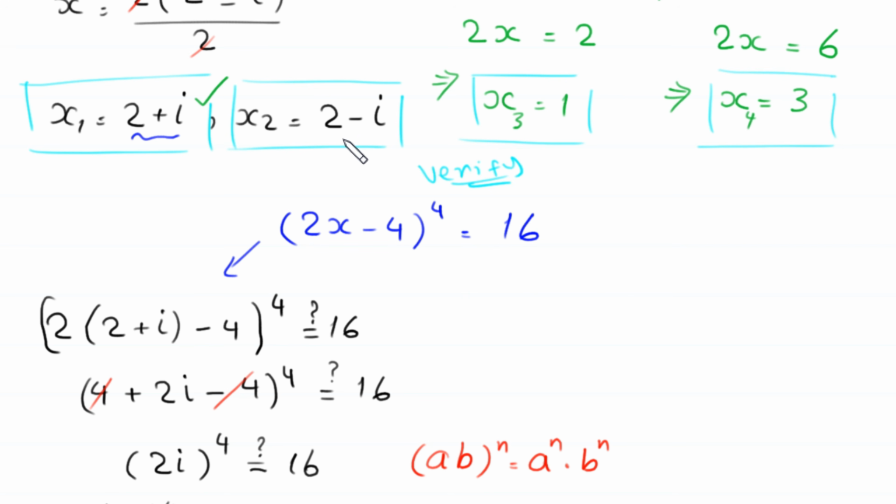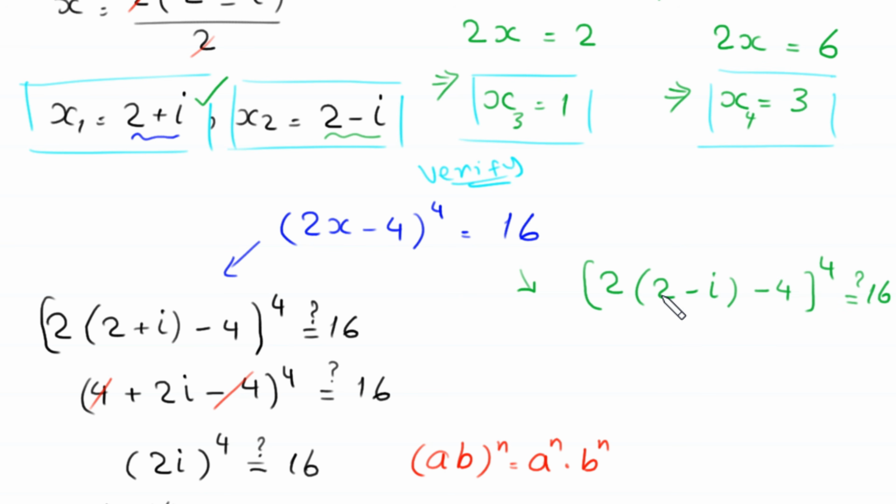Now when x is equal to 2 minus i, then this equation will become (2 times (2 minus i) minus 4) whole to the power 4. Is it equal to 16?